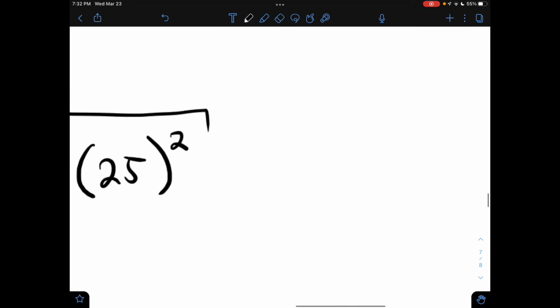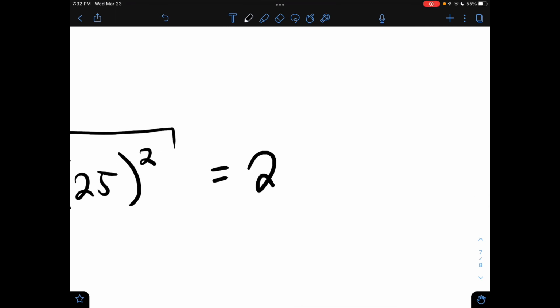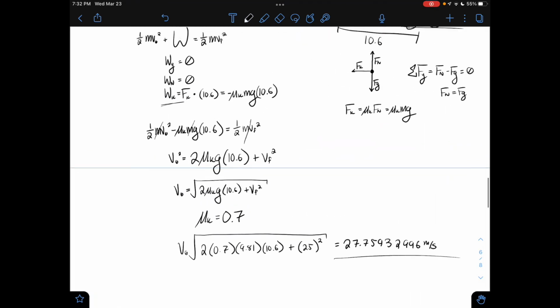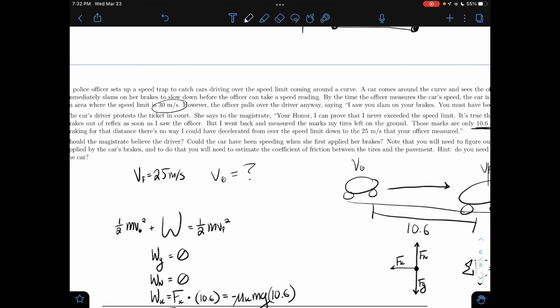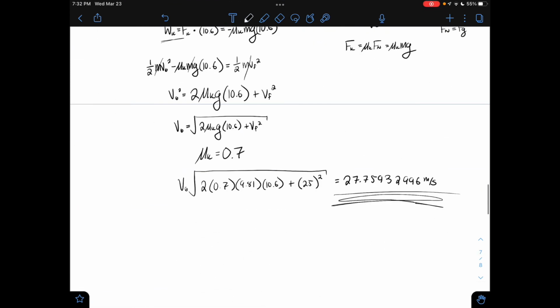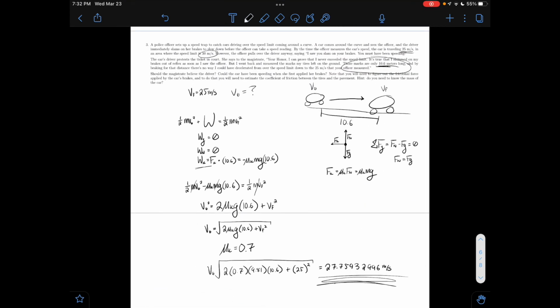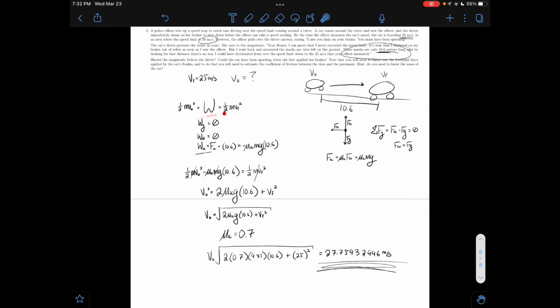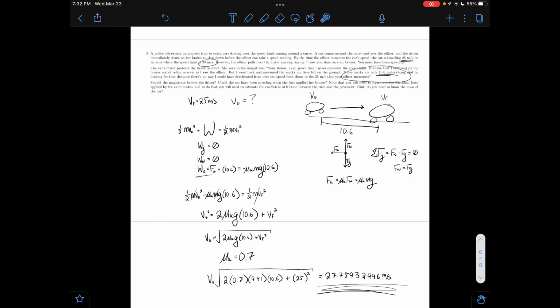And then punching all this into your calculator, you're going to get that she was going at 27.75932996 meters per second before she slams on her brakes. So she wasn't lying. The tire marks being that long means there's no way she could have been speeding before she slams on the brakes, because the friction wouldn't have done enough work to slow her down that much. So we know that she's telling the truth, and now she has avoided a ticket.